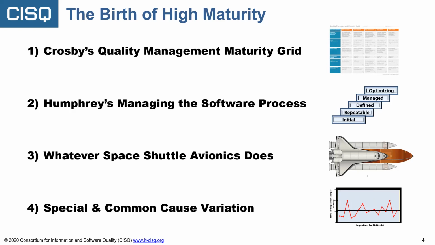But Watts knew what those inspections were, so he was able to explain why some of the inspections were high, because they had really talented, experienced teams and people on the inspection, and why some of them were low. They were extremely complex algorithmic components, or they had inexperienced people on the inspection team, or what have you. So he was able to explain the different data points and why they were either high or low on the control chart.